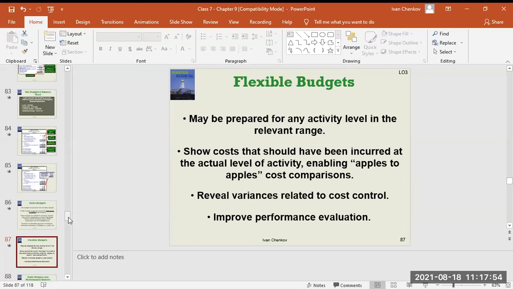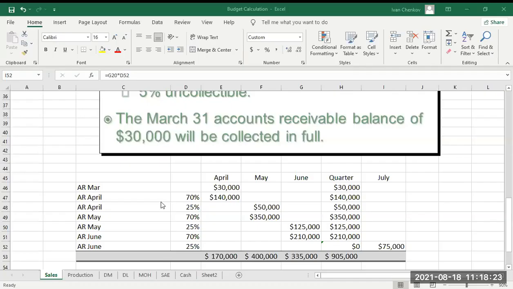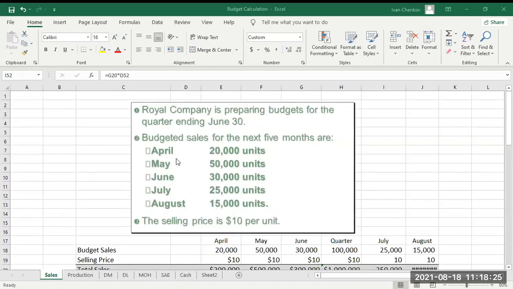What is flexible budget? Flexible budget is prepared for the different activity level. And that shows what cost should be if we have this activity happen or that activity. So basically, in this scenario that we have, since everything starts from the sales, these are the numbers that we're using.